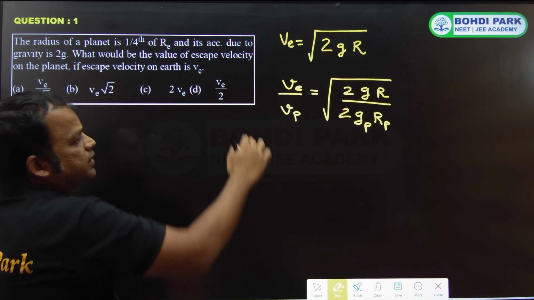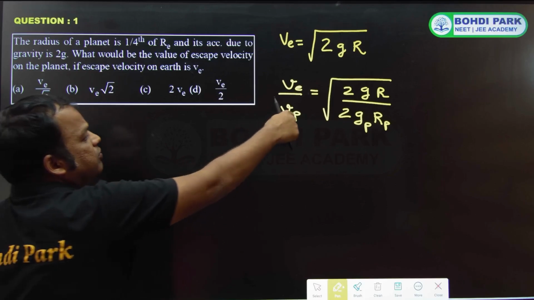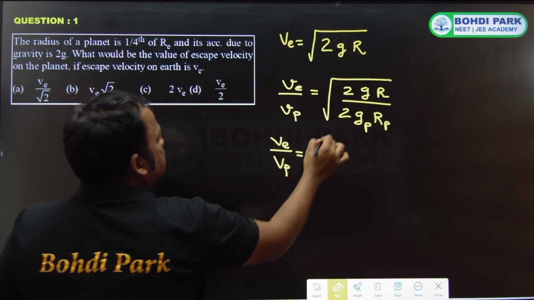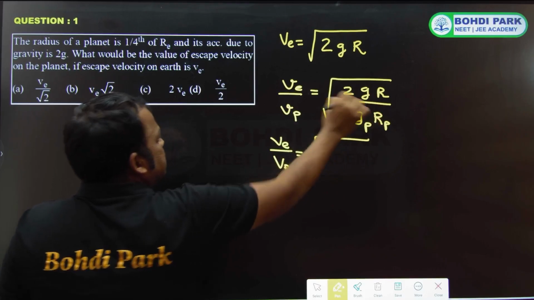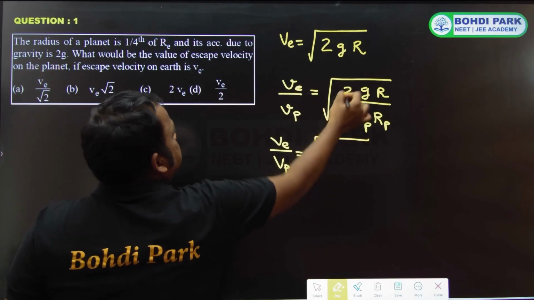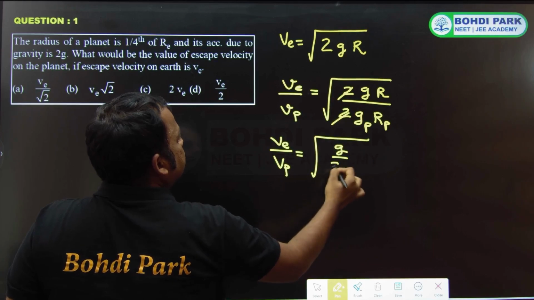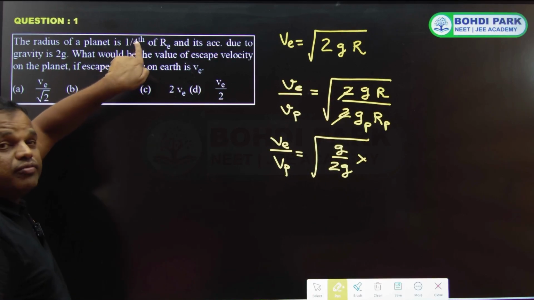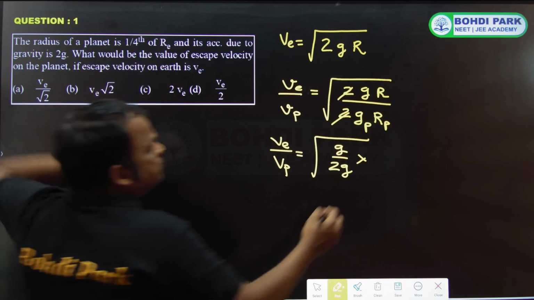So using this ratio we can find the value of Vp. So VE by Vp, now 2 cancel, now G by Gp. So Gp is given as 2G and Rp is given as 1 by 4 times radius of Earth.